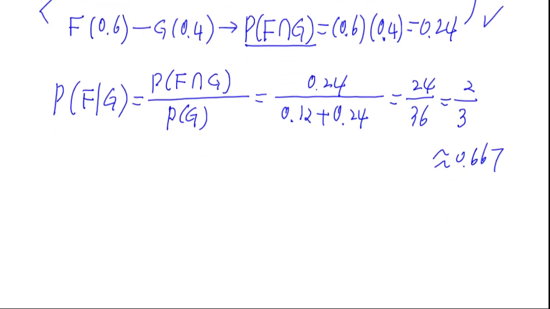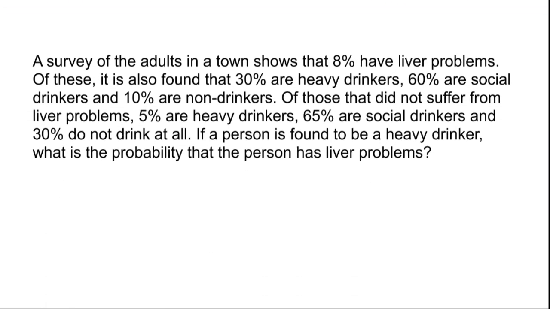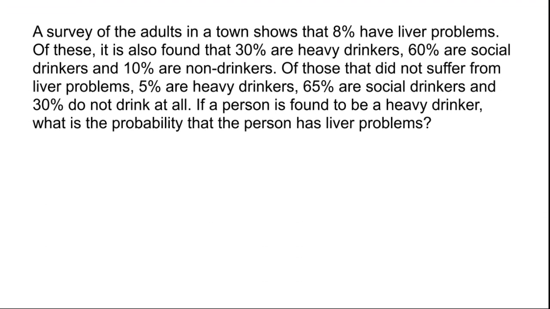Okay, we will try to solve our question. A survey of adults in a town shows that 8% have a liver problem. Which means no liver problem is 0.92. Okay?